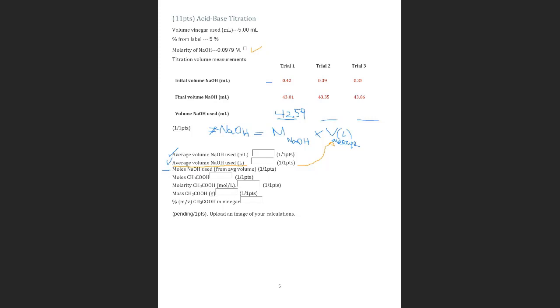And then what is the number of moles of acetic acid? This one. Yes, volume times molarity is the number of moles. That is what we did, same as the base. So this is what we did for sodium hydroxide. Because the reaction is 1:1, the number of moles of sodium hydroxide equals the number of moles of acetic acid.